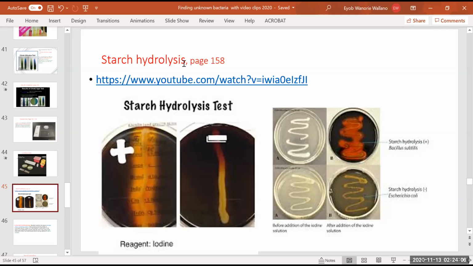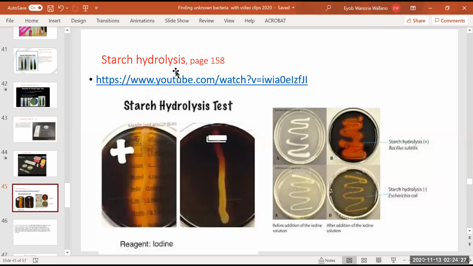That saliva is released into our oral cavity. In the oral cavity, we have carbohydrates, and those carbohydrates are broken down into a soluble form by the presence of amylase.